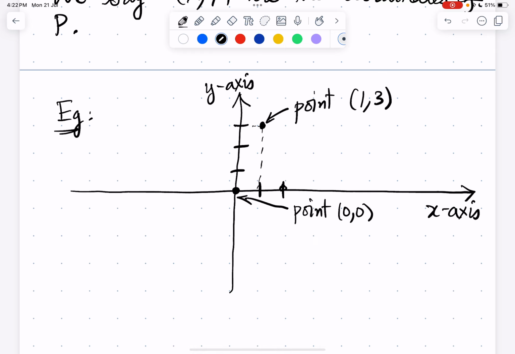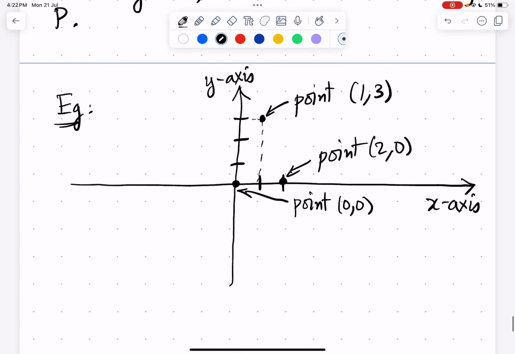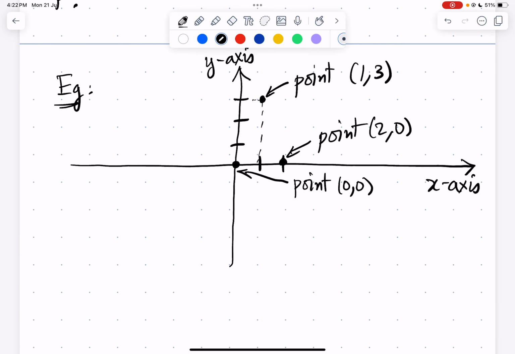This point is 2, 0, because its address is: begin at the origin, move 2 units in the x direction and move 0 units in the y direction. Hence this point is 2, 0. So coordinates are basically just addresses of points with respect to the x and y axes.